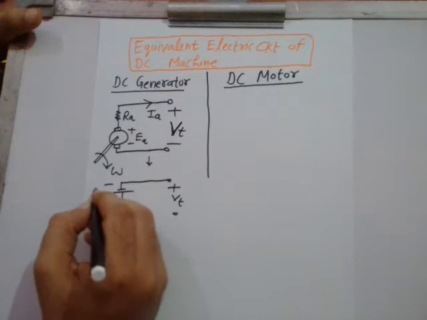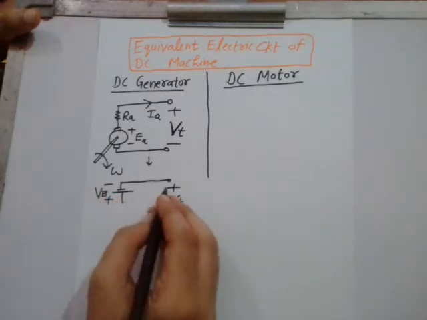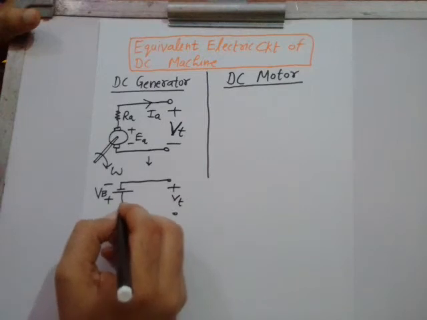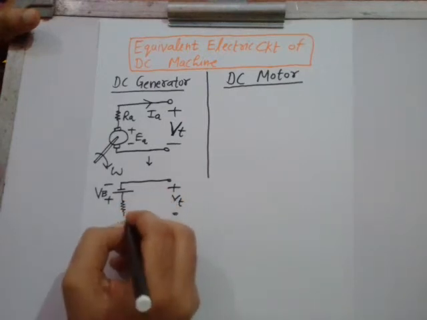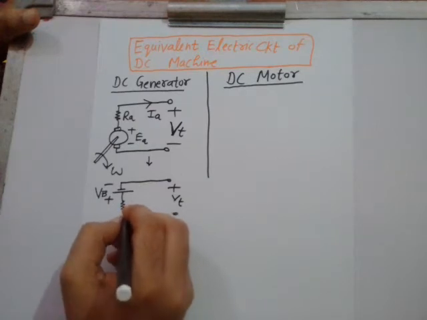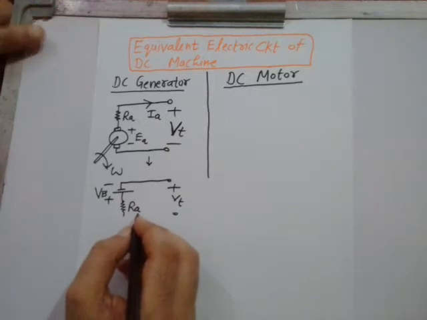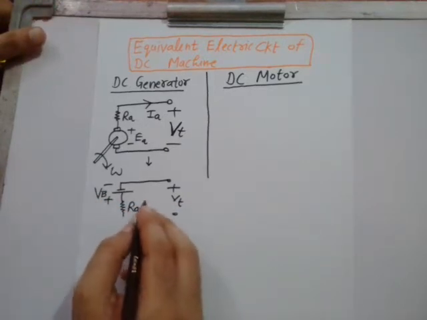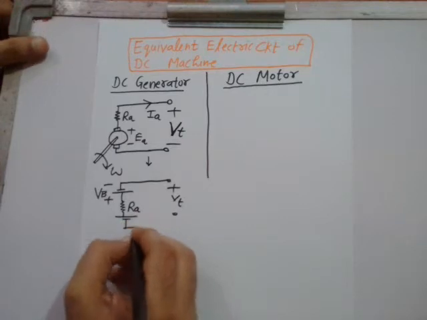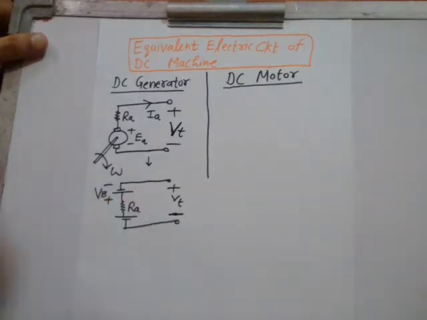Always remember the brush voltage drop will have the same polarity as the armature voltage drop, VB. What is VB? VB is the voltage drop across the brushes.